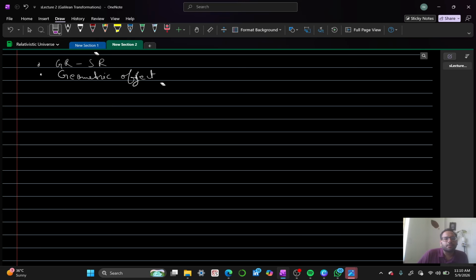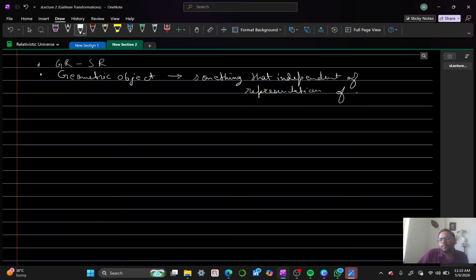Let me write it more clearly. A geometric object is something that is independent of representations of frames of reference, our reference frames.